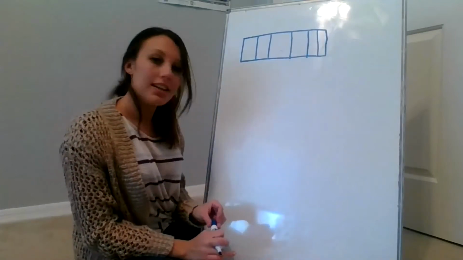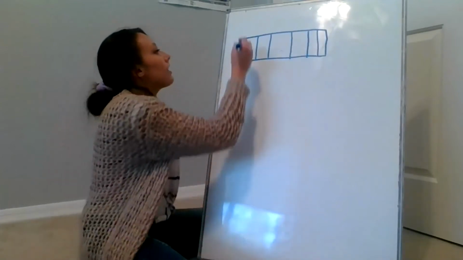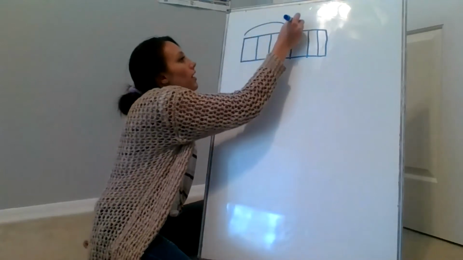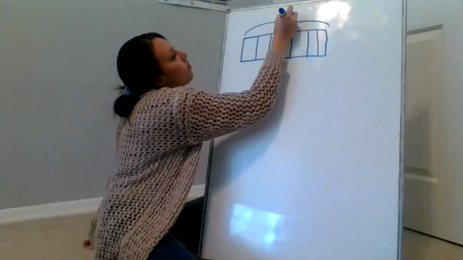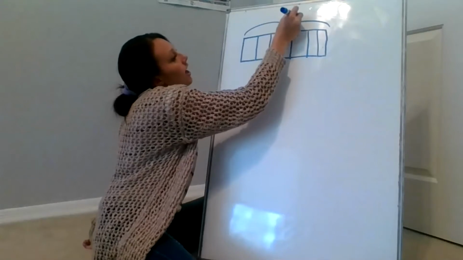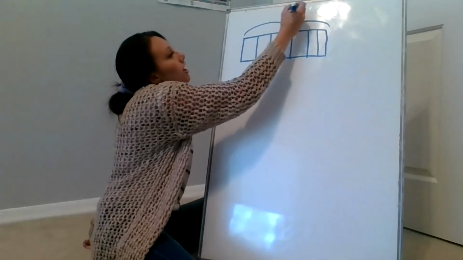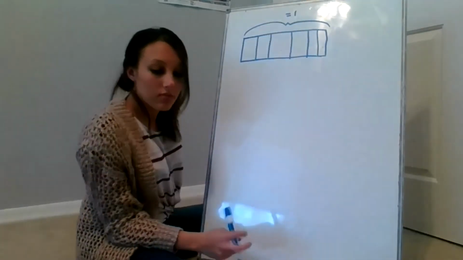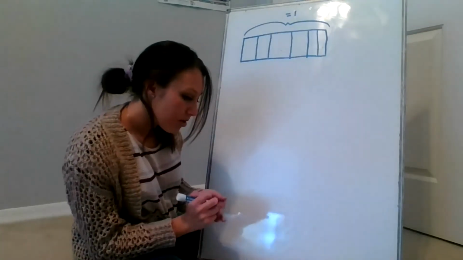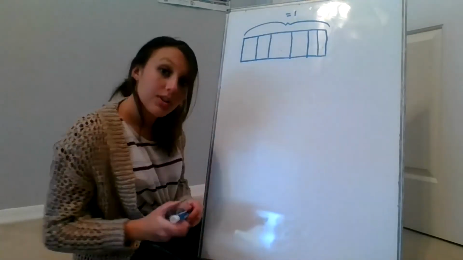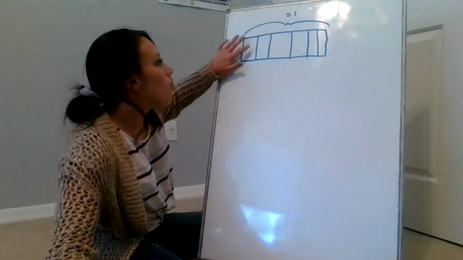So if we're looking at this entire bar model, we know that this whole thing equals 1. So we're going to put equals 1 at the top because we want to remember that we are looking at 1 whole right now. So first off, let's label each of our pieces. So we're going to label each of these sections as 1/6, right?